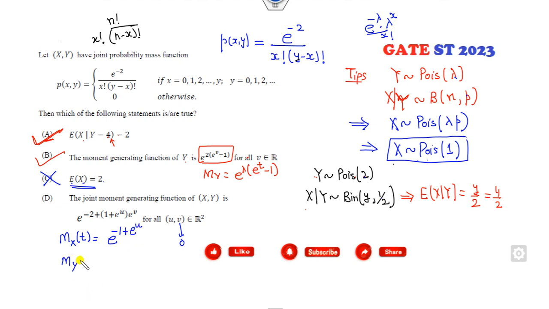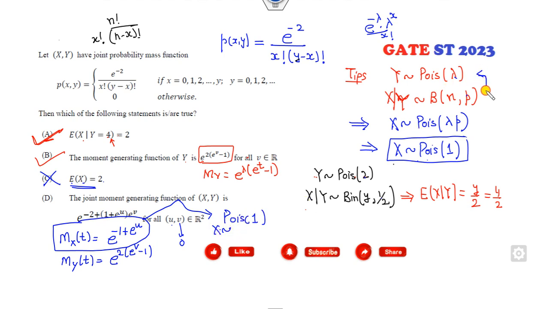What is the moment generating function of y? I can take v as 0. So u as 0 gives 2 times 2. I can take as common e of v minus 1. What is that? This is the moment generating function of the Poisson distribution with the parameter 1. So from here also you can see that x follows the Poisson distribution.